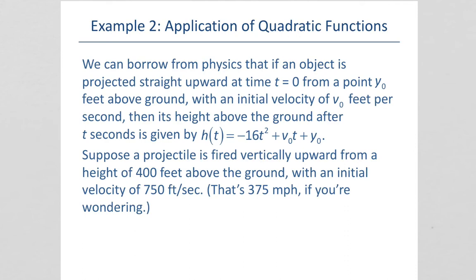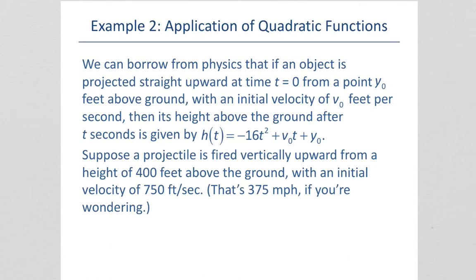Example 2 says, we can borrow from physics that if an object is pointed straight upward at a time t equals 0, from a point y naught, we say this little thing is a naught.